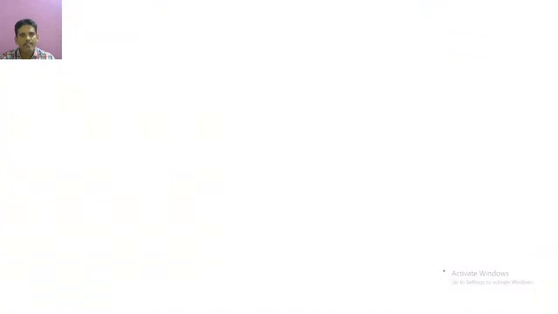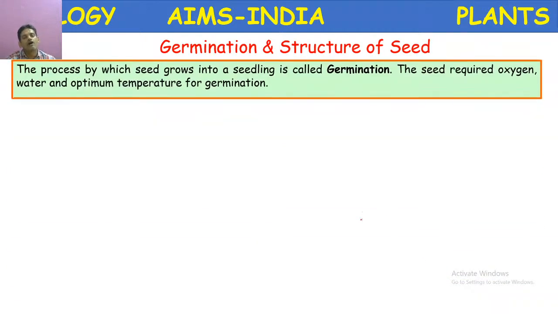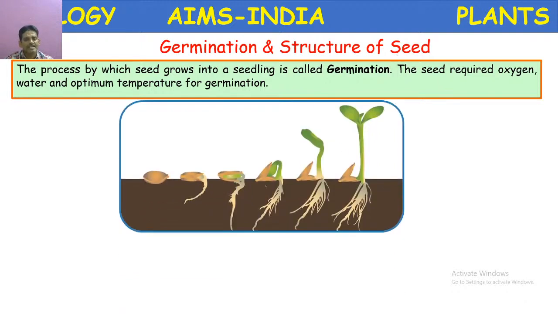Let us proceed. Next, germination and structure of seed. After fertilization, in plants, fruit is produced. In the fruit, the seeds are present. You can do this experiment at home also. Soak some seeds in water.